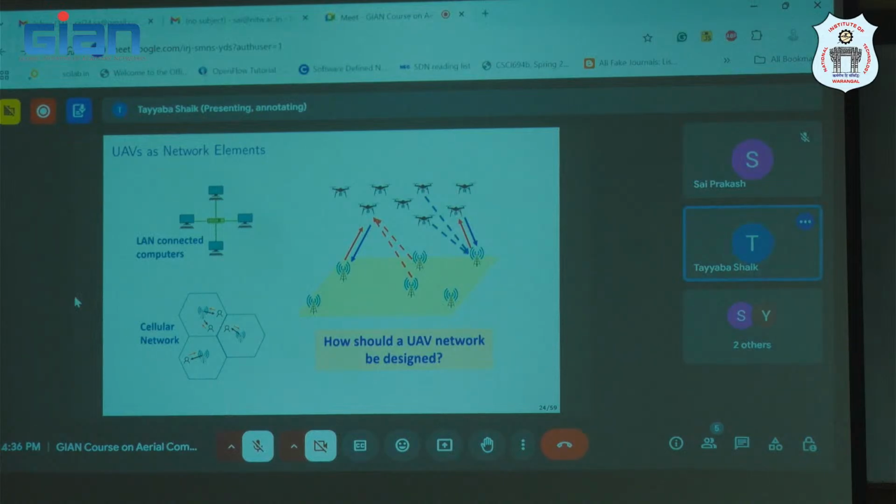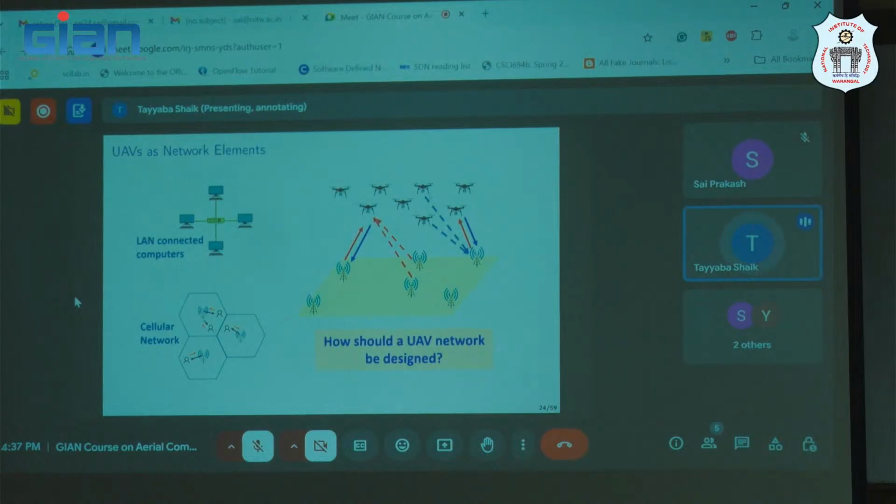They're all predefined. But when it comes to UAVs, if UAVs are viewed as users in the air, there are no design considerations which tell you how the ground network should be designed such that we can best serve these UAVs. So this is a different perspective compared to what has already been done in this area.